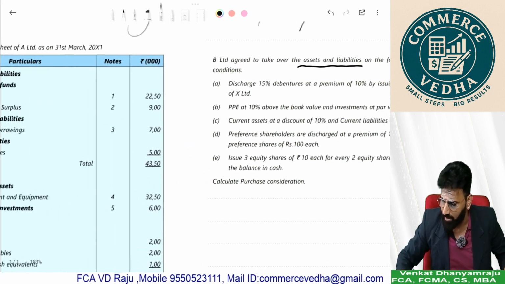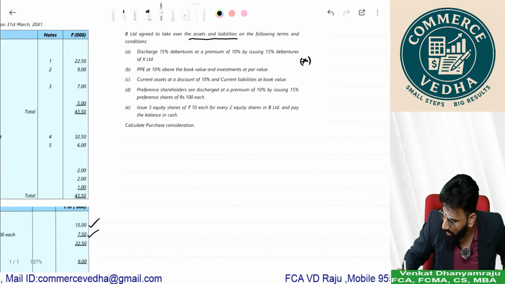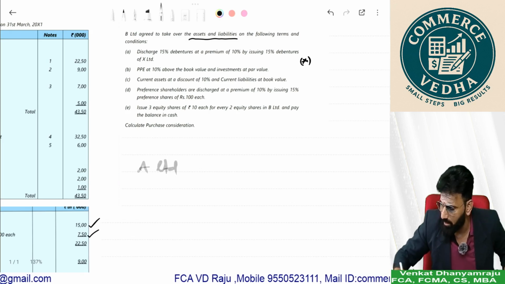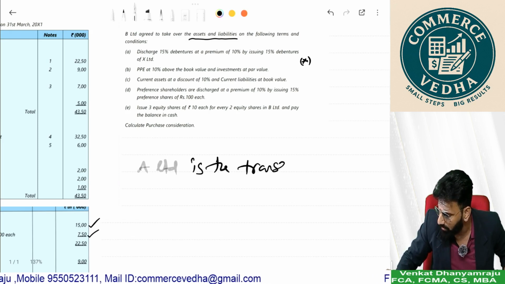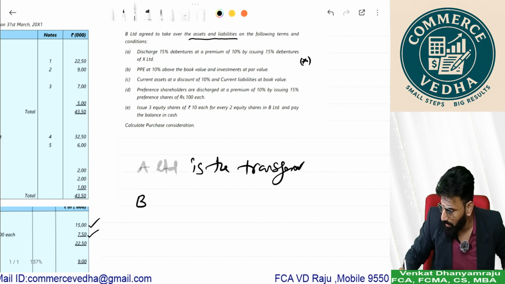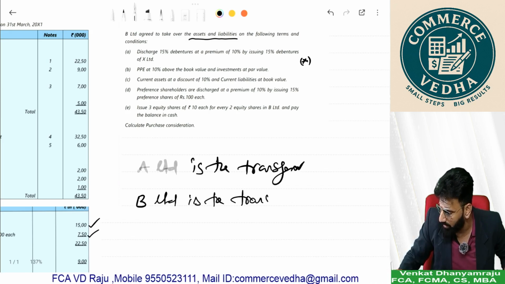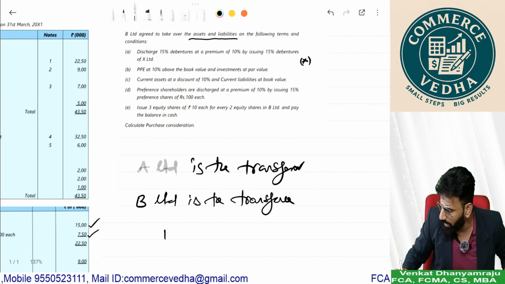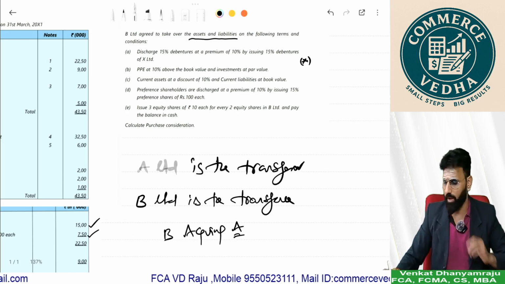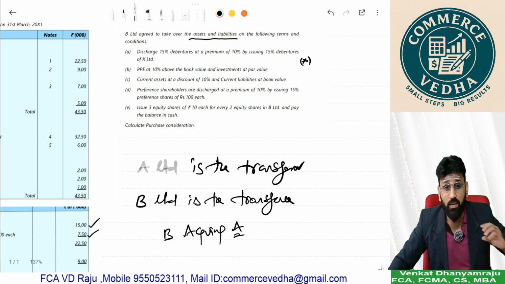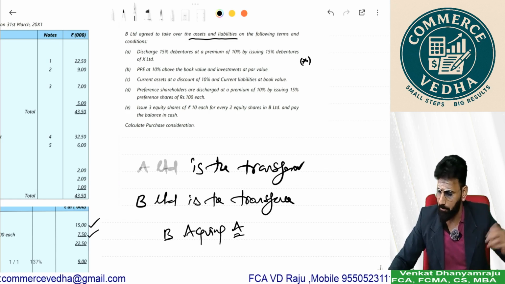In this question, A Limited is the transferor, B Limited is the transferee, B acquiring A. Now, preference shareholders will get 10% more than their due by issuing shares in B.